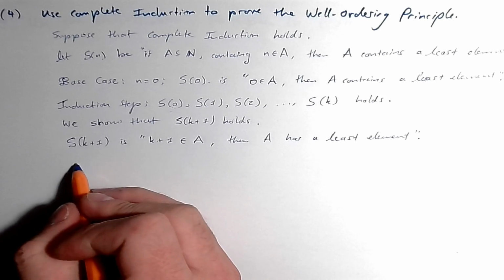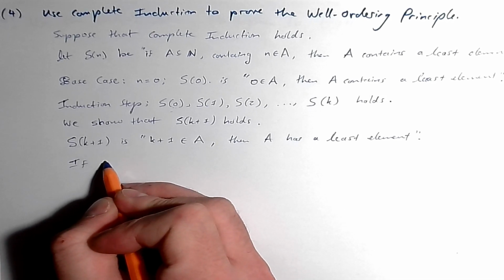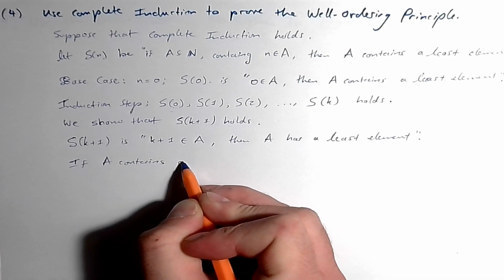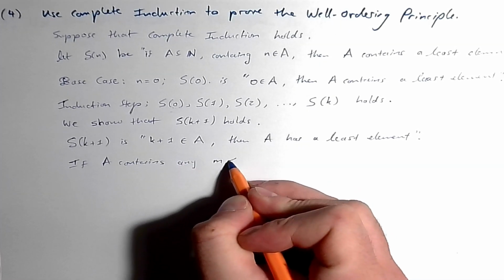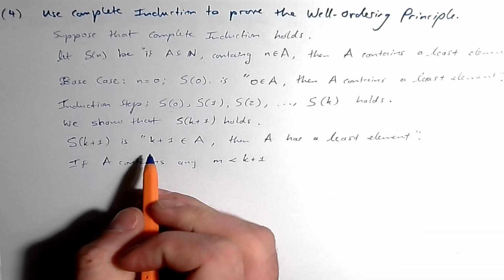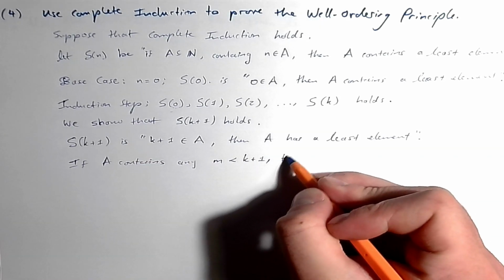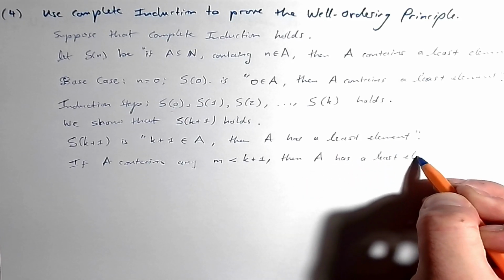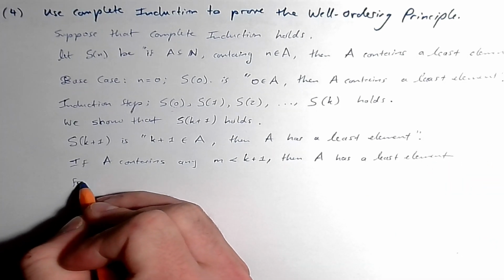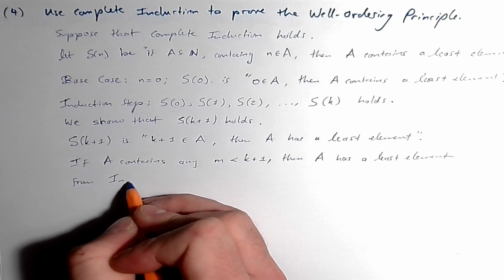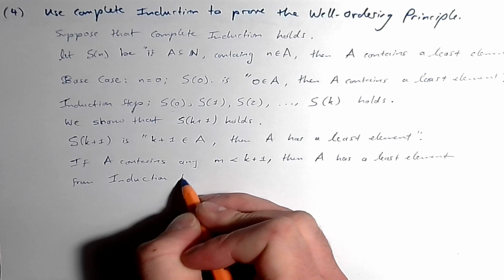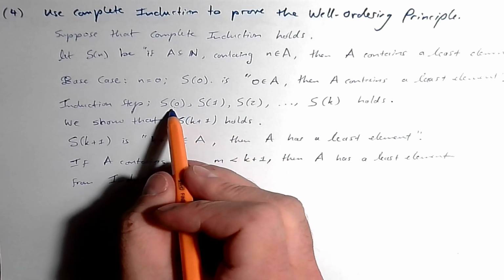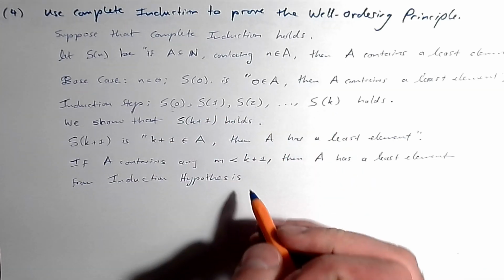Alright, so that's our first case. If A contains any number, say m, less than our current index k plus 1, then A has a least element from our induction hypothesis. Which is the statement over here that S0, S1, S2 up to Sk holds.